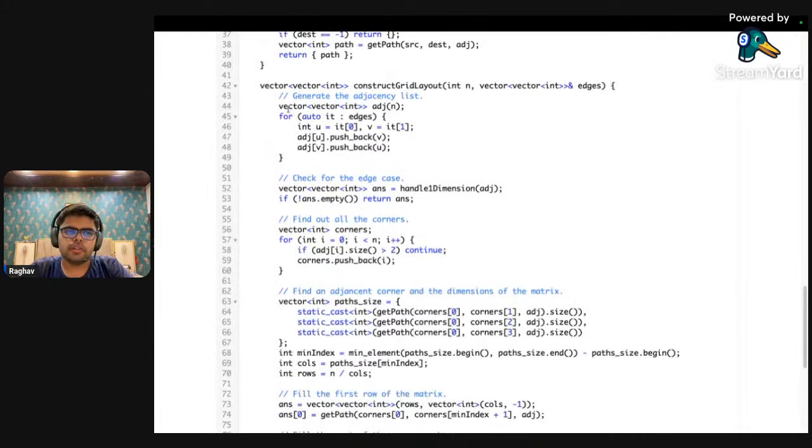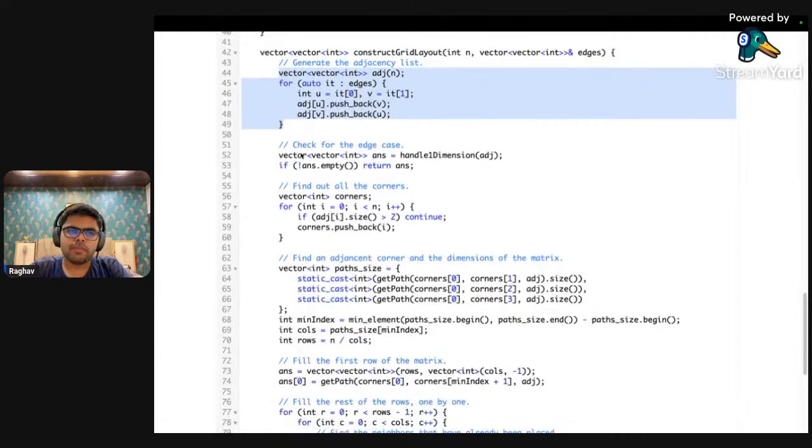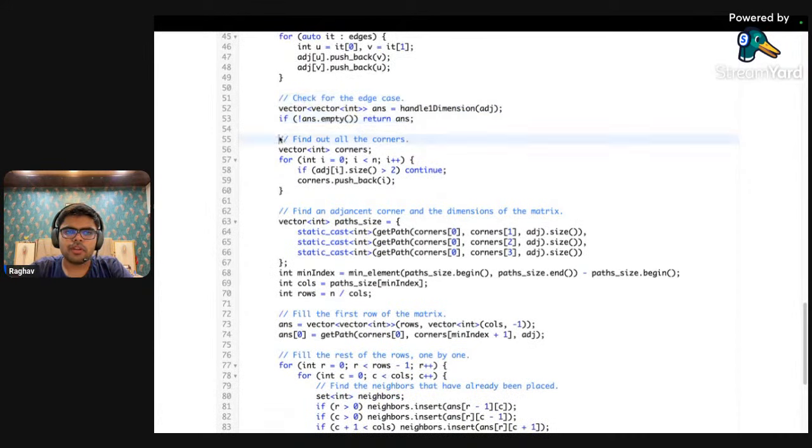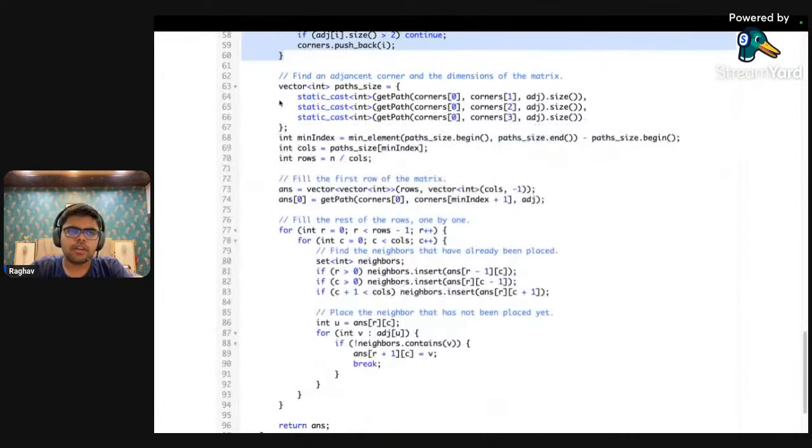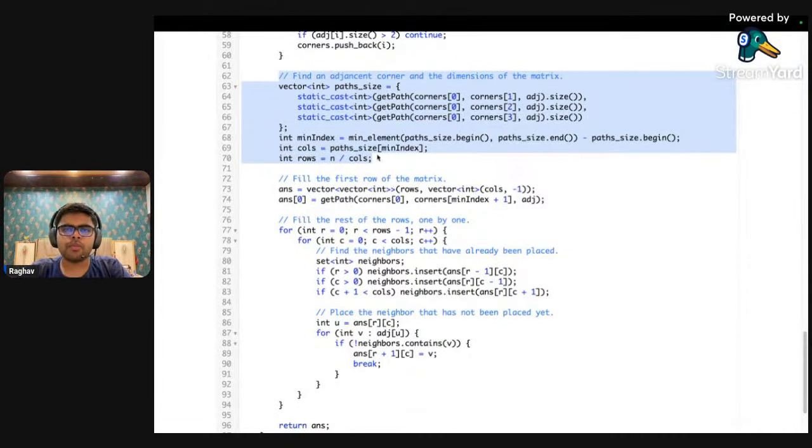And here, this is going to have a time and space complexity of big O of n plus m. This will have big O of n plus m. This will have big O of n time complexity. Then this will have big O of n plus m time complexity.